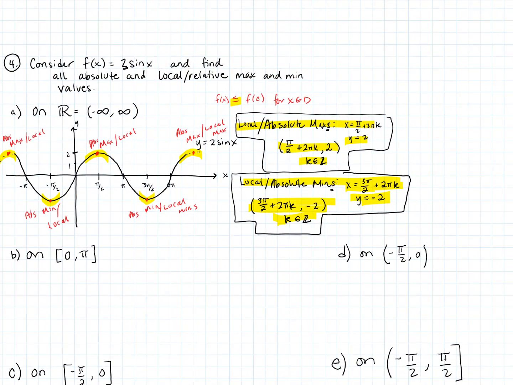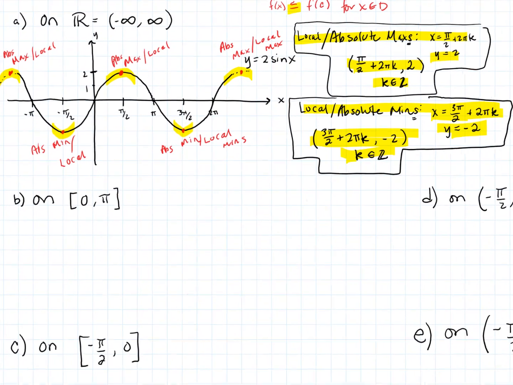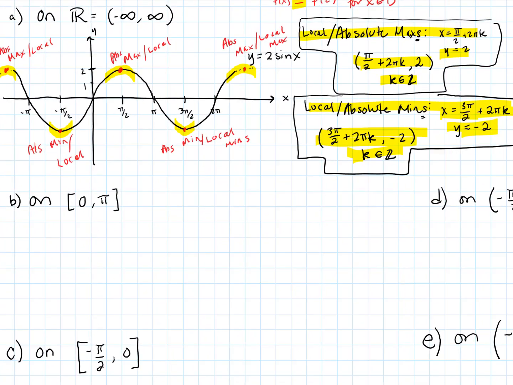That's when we look at 2 sine of x on the entire domain, which is from negative infinity to infinity. But what happens if we add some little restrictions? Let's run through these restrictions quickly, and I'll do a brief little graph so we have a visual. We have the graph of 2 sine of x right there, but suppose we restrict it to just 0 to pi, closed interval.